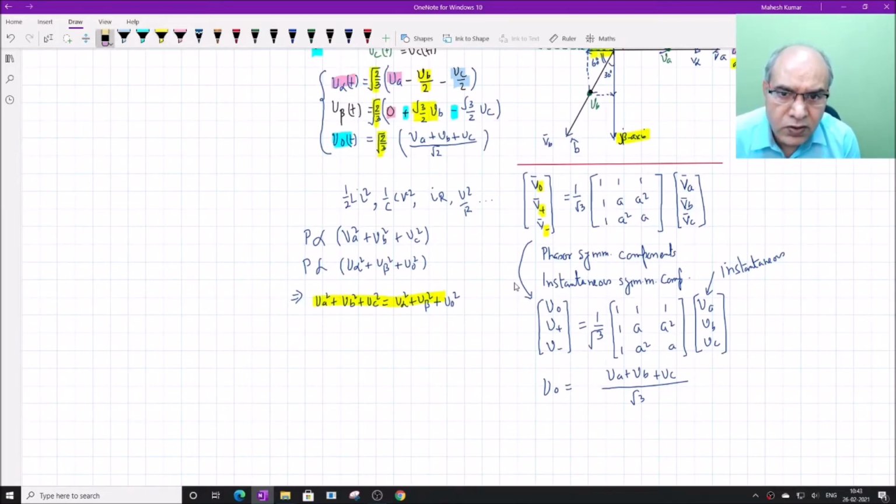This 0 will go anyway, so I'll remove this also and put this bracket here. Root 3 by 2 is also common, so we can still simplify the whole thing and make it root 3 by 2. So this is root 3 by 2 times BB minus BC.